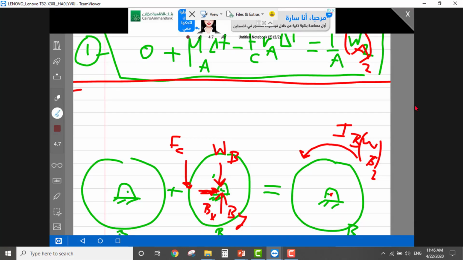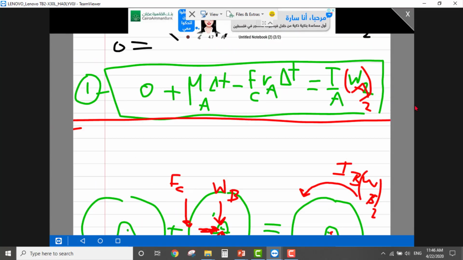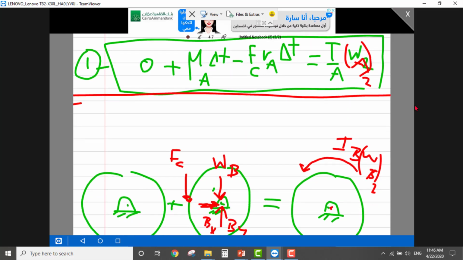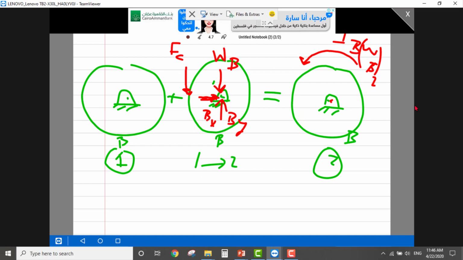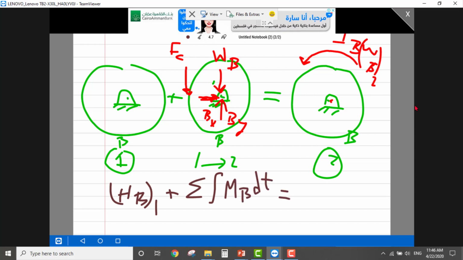So we have HB1 plus the integration of the moment of gear B dt, and this is equal to HB state 2.